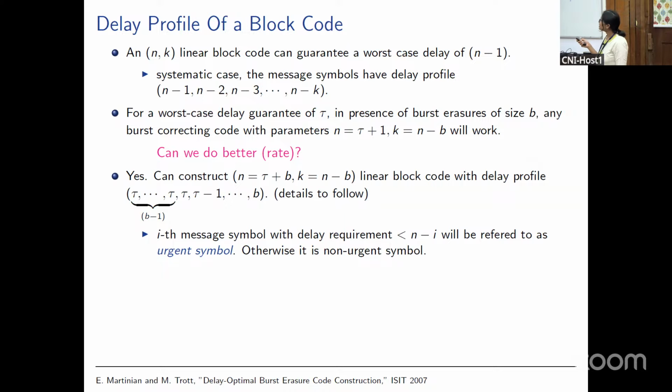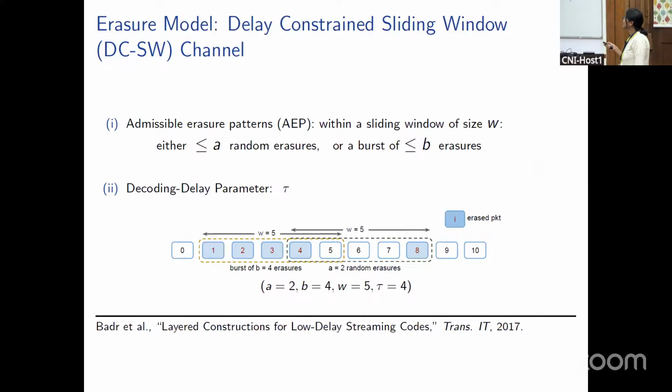The erasure model that we consider is that of the delay constrained sliding window channel model. This has been introduced by Badr et al. This is a deterministic channel model, and it has been shown to approximate some random models appropriately. In this channel model, the admissible erasure patterns are ones where, if you look at a sliding window of size W, there can be at most a erasures or at most a burst of b erasures.